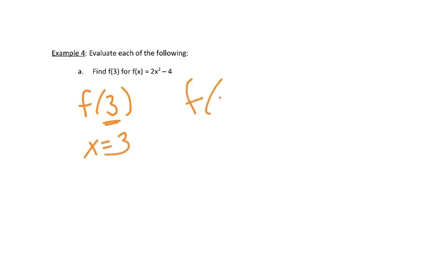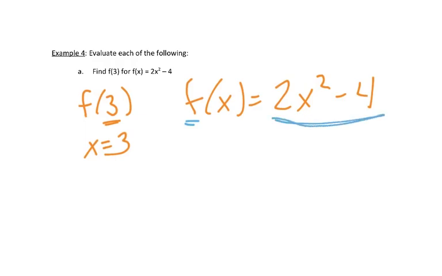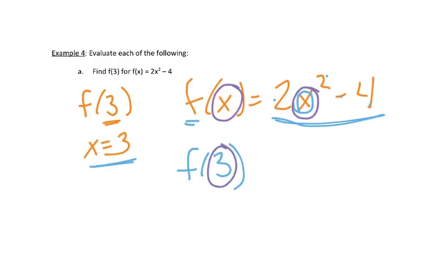And at this part, where it says f of x is equal to 2x squared minus 4, is telling us that f has this rule of 2x squared minus 4. So if we think about that machine, it's telling us that whatever we put into the machine, this function is going to take it, square it, multiply by 2, then subtract 4. So in this case, we're going to put 3 into it because it says find f of 3. So f of 3 means that we'll replace x with 3.